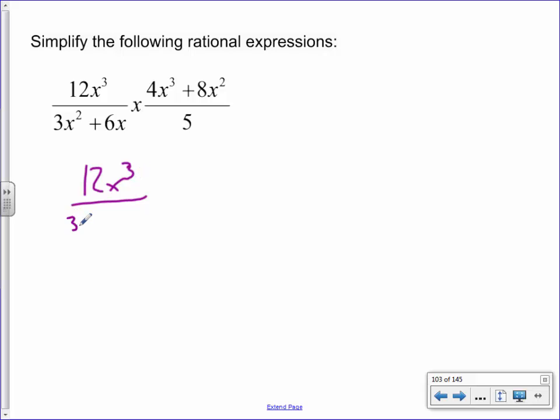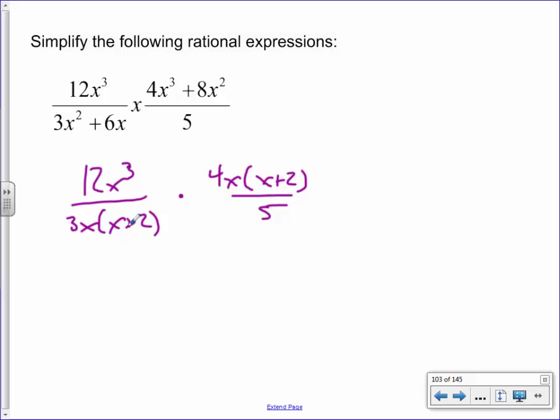So you can factor out 3x and it leaves you with x plus 2. Is it okay if I don't use an x but I use a dot, just so I don't screw that up? And then on the top, what can I factor out of this? Yeah, 4x squared, which leaves you with x plus 2.